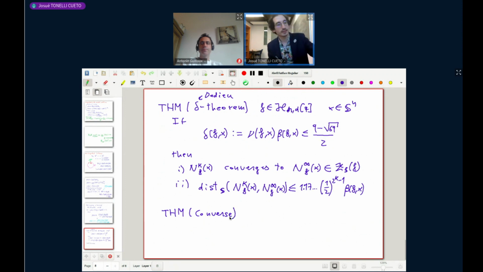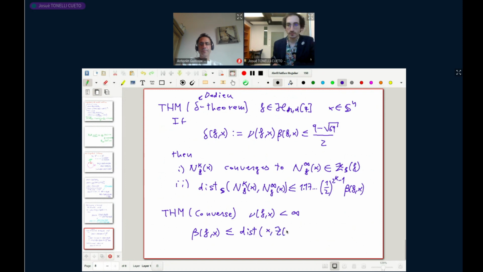And then, of course, I have the converse, which in this case is slightly simpler. It's saying if this guy is finite, then this guy, the distance, is bounded by 1 plus 1/2 nu f x distance.